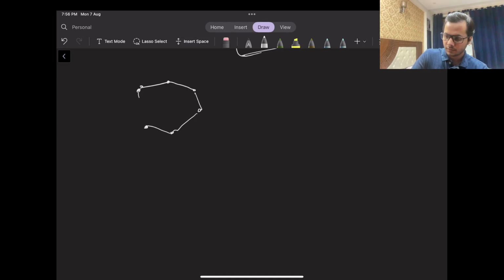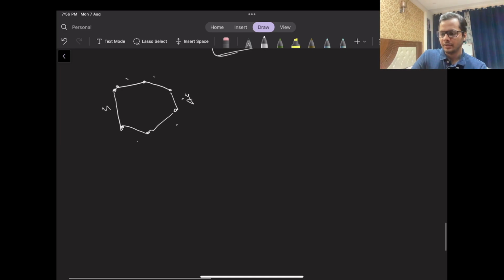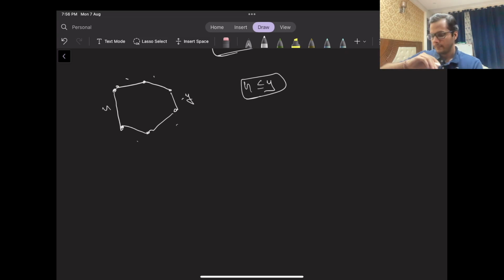Okay, now there are some edge weights here. Now if we find any edge weight, let's say y, and if the weight of the edge here is x, and if the value of x is smaller than or equal to y, then we can just remove y from the MST and add x to it. Okay, and we can leave the rest of the graph the same. And everything will still be connected.